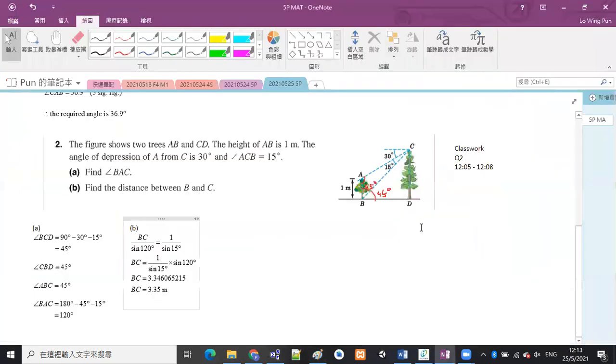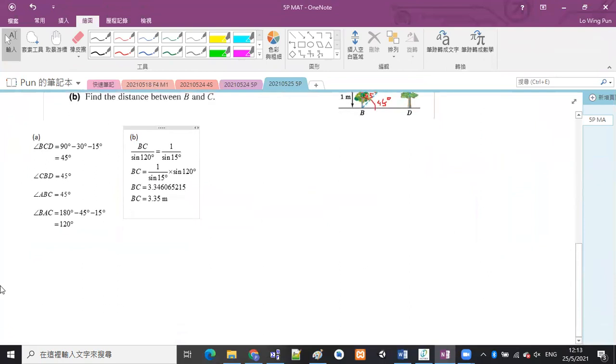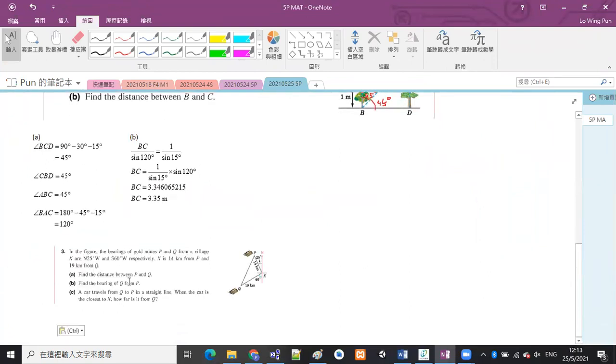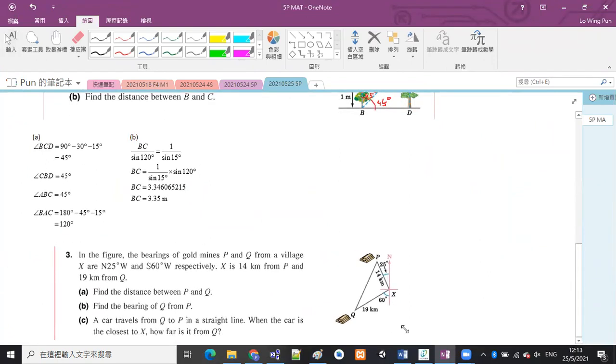Let's try. This one is not about up and down. This one is about bearings.